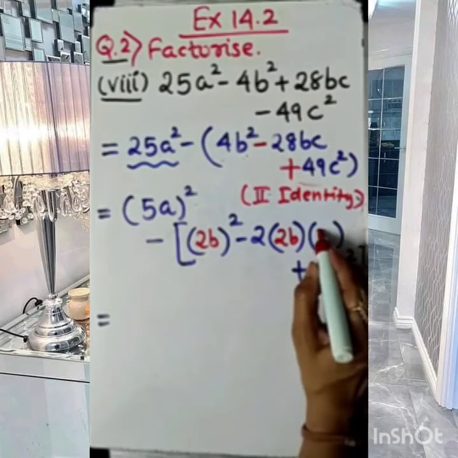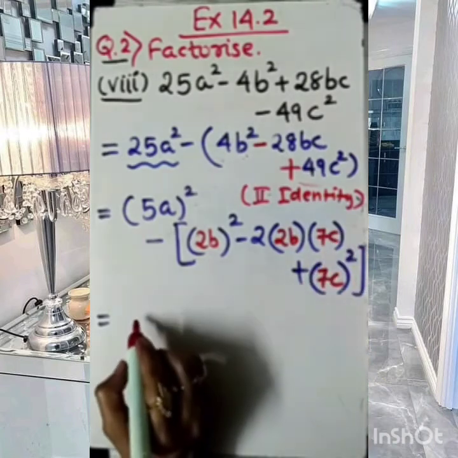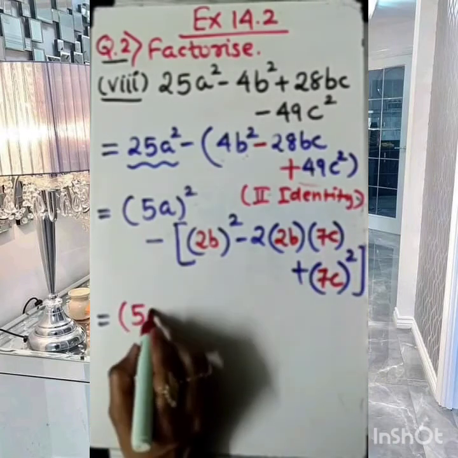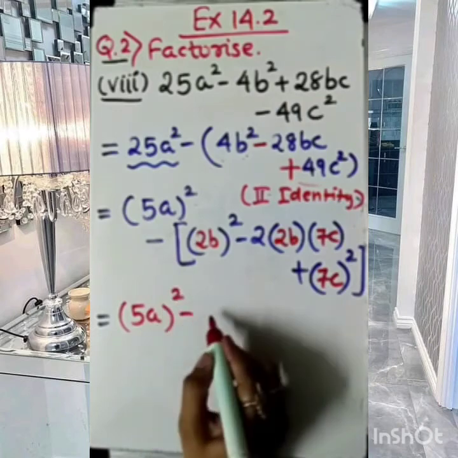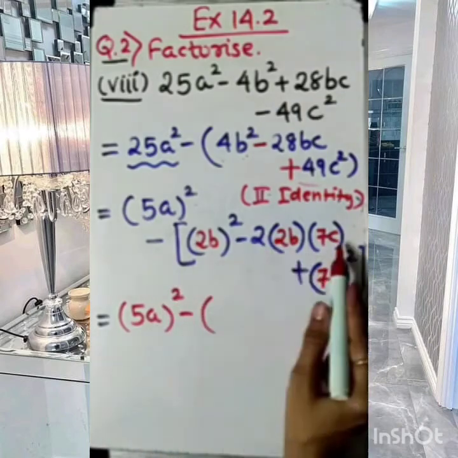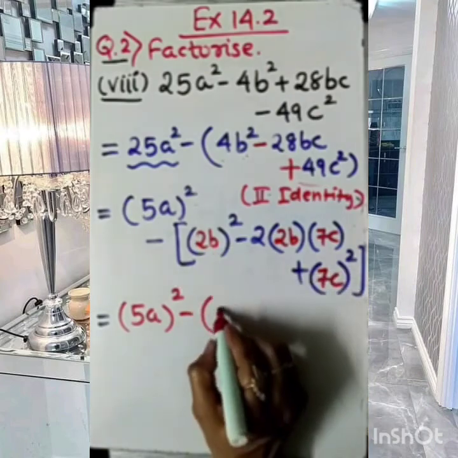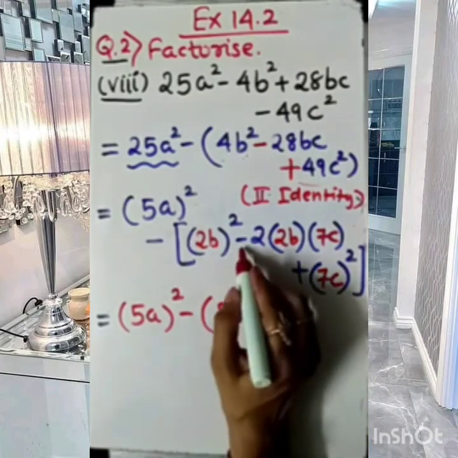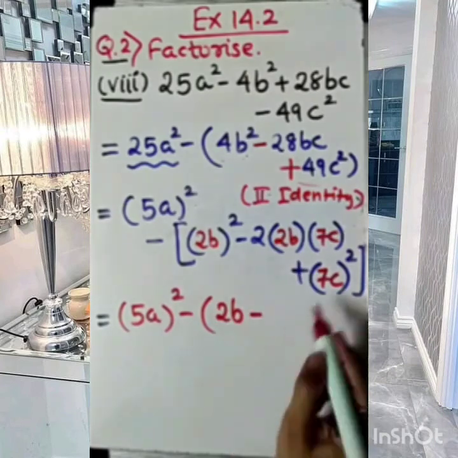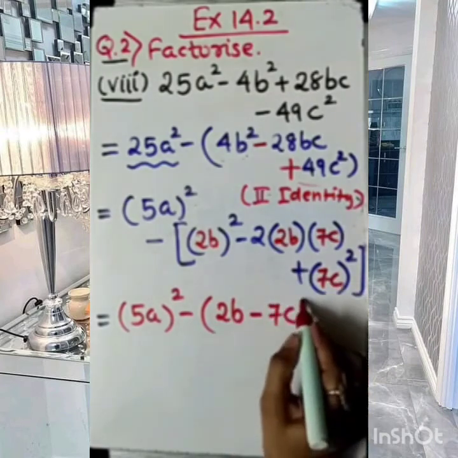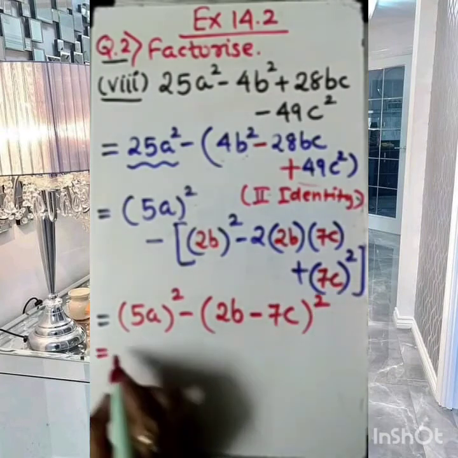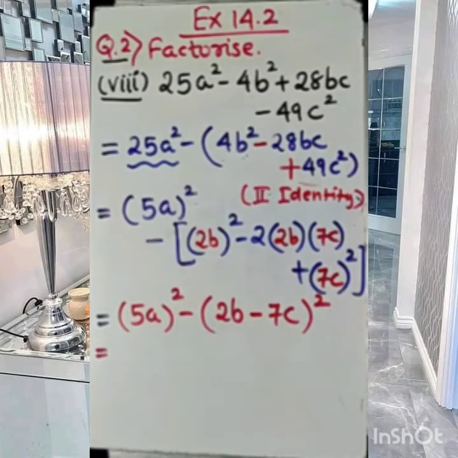So, I need to mention this is also 7c. So, my dear student, 5a whole square, let it be as it is, minus. Now, if we apply the second identity over here, then it says a minus, this time we need to mention minus 7c whole square.